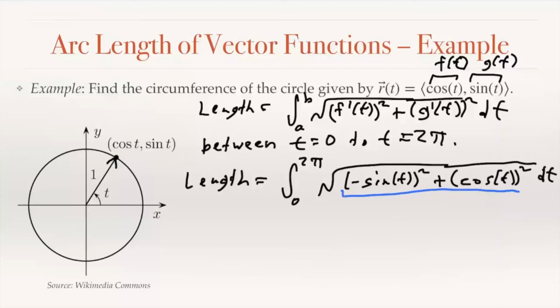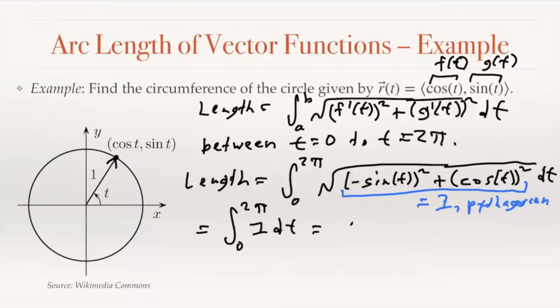But sine squared plus cosine squared is, by the usual Pythagorean identity, equal to 1. So we have the integral from 0 to 2 pi of 1 dt.